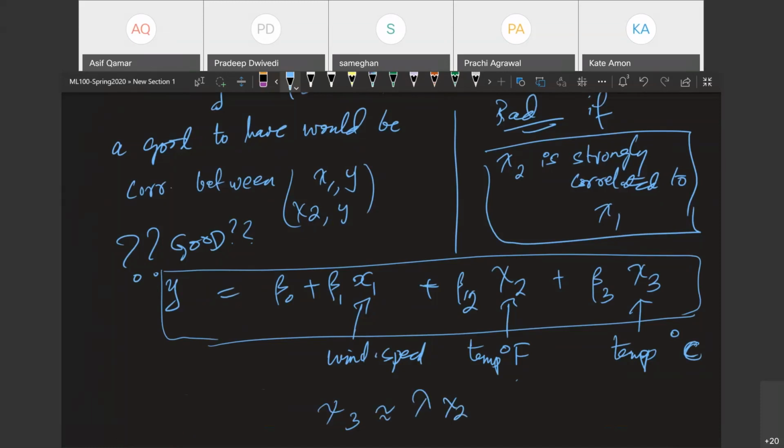Highly collinear means there's a very strong correlation, so one can be represented in terms of the other, which is true, right? For example, temperature in Fahrenheit in terms of centigrade is 9/5 of x2 plus 32. This is the relationship, isn't it? Up to some error term, because you'll have some instrumentation error.